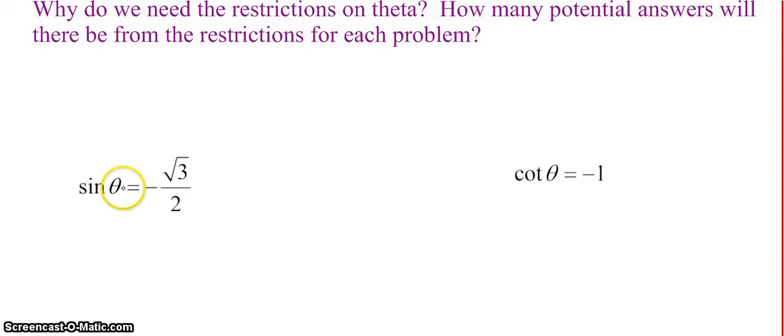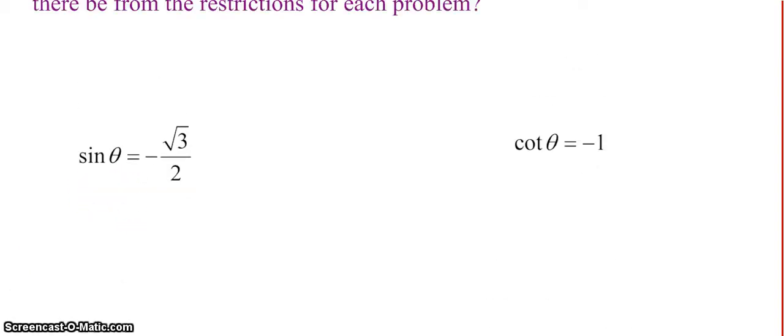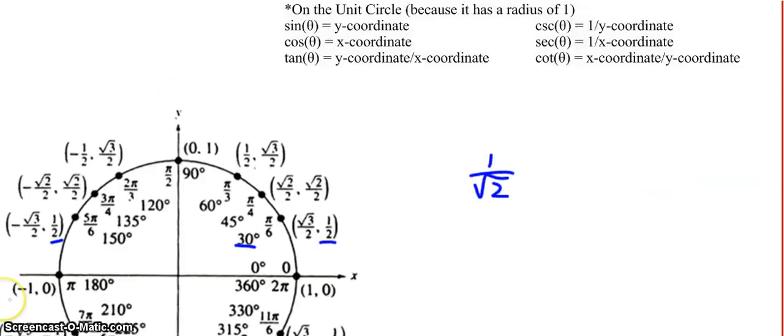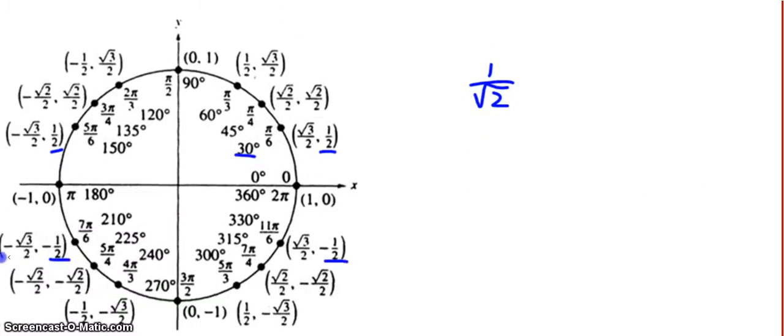Let's actually do this. So sine of theta equals negative root 3 over 2. How do we do that? Well, hopefully it's pretty straightforward. We just go to our unit circle and we look and see where is the y-coordinate negative root 3 over 2. And so again, I'm going to erase these just so we're not distracted by that. I'm looking for the y-coordinate negative root 3 over 2. What are those angles?